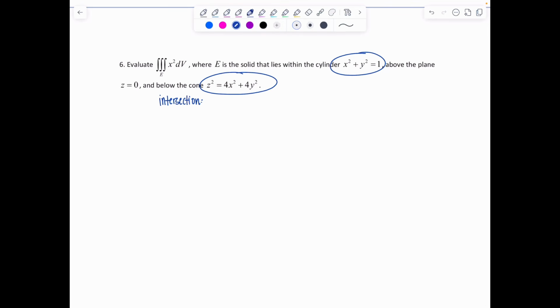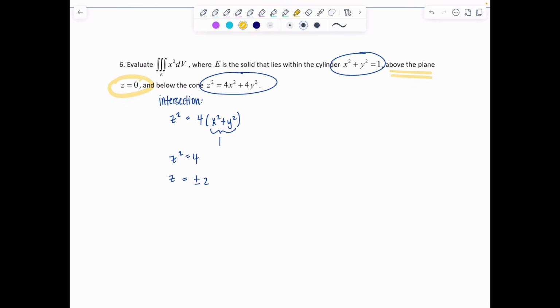So let's see, x squared plus y squared equals 1. I could say z squared equals 4 times x squared plus y squared, and I know from the cylinder this is equal to 1. So they intersect when z squared is 4, which is equivalent to z equaling plus or minus 2. But since we are above the plane z equals 0, we're not dealing with any negative values. It's where z equals positive 2 only.